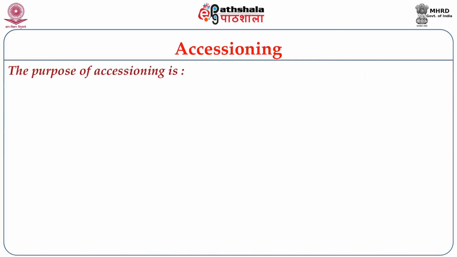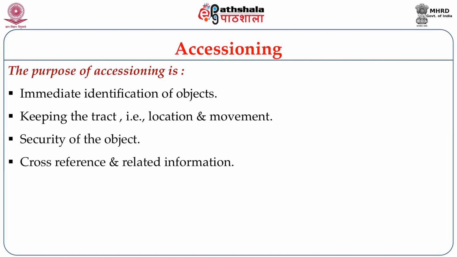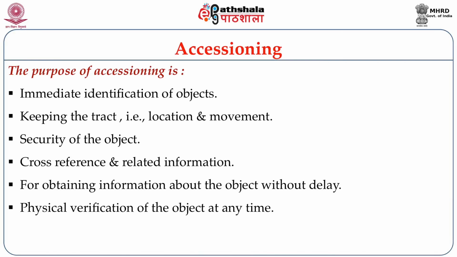The main purpose of accessioning is the immediate identification of objects, keeping track of the location and the movement of the object within the organization, the security of the object, cross-reference and related information, obtaining information about the object without delay, and physical verification of the object at any time.